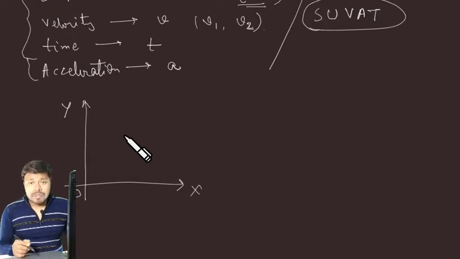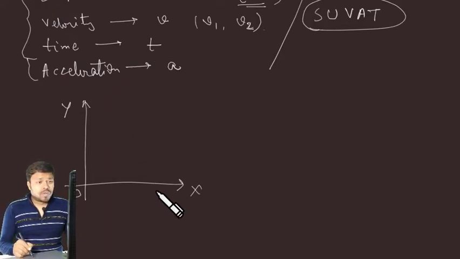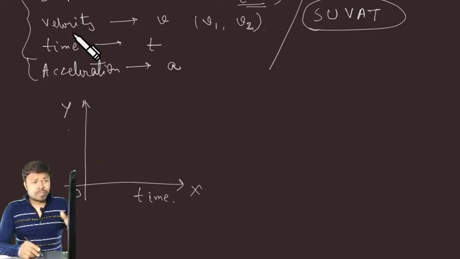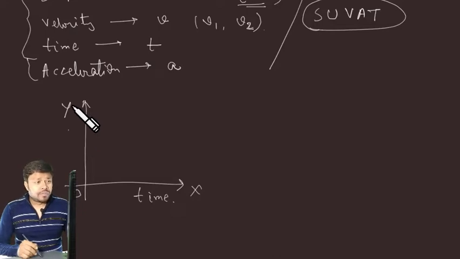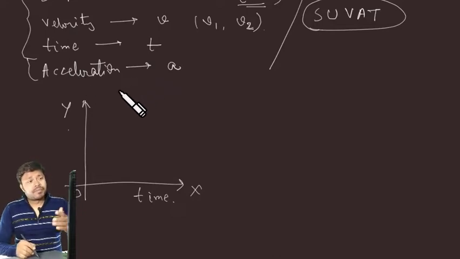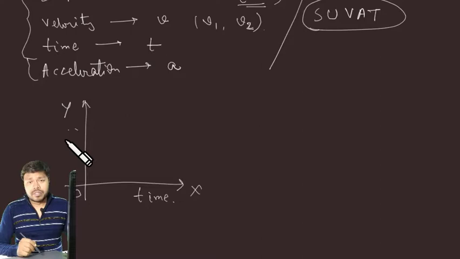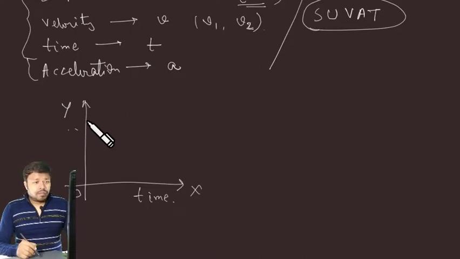And whatever graph we draw, time will always be on the x-axis. Remember that. For the displacement-time graph, displacement will be on the y-axis. For the velocity-time graph, velocity will be on the y-axis, and for the acceleration-time graph, acceleration will be on the y-axis.